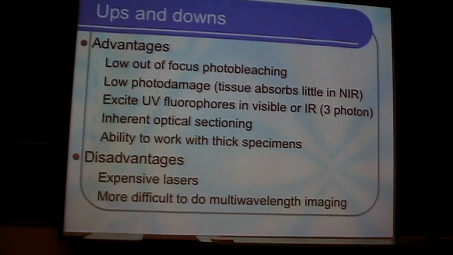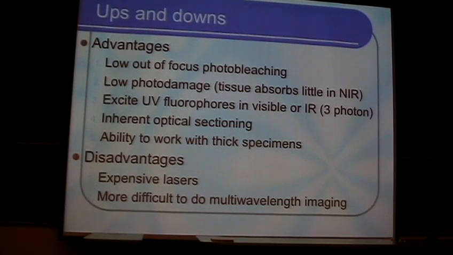Due to the same reasons, we also have lower photo damage and lower out-of-focus photo bleaching, which is again a big advantage from the point of view of biological imaging and material science. The disadvantages, however, are also quite serious.